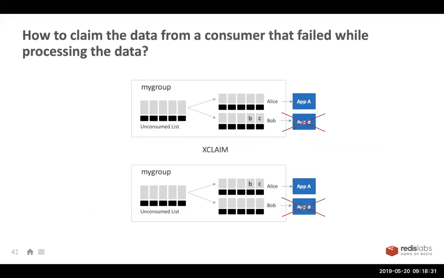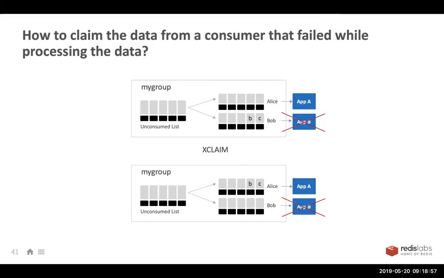So how do you claim the data? So once a client goes down, a consumer goes down, and it's no longer receiving the data, it may have pulled the data down, but it didn't actually tell you that it received it. So another client can now claim that data and then process it in case it hadn't been processed the first time.